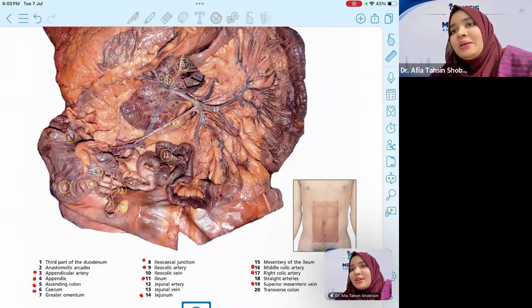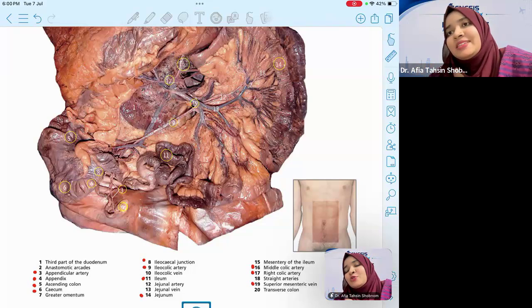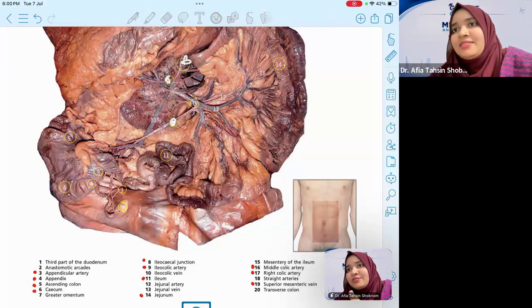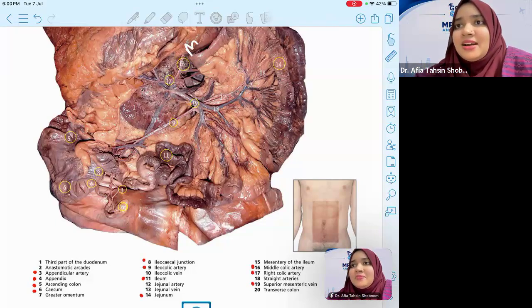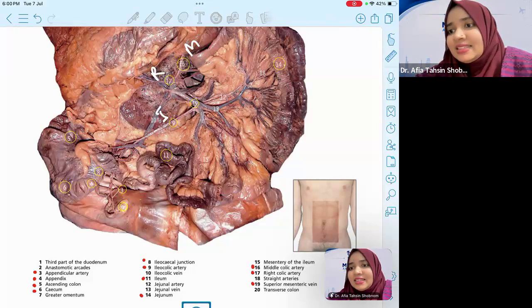Actually, here the number 19 is not important because it is not asked. Here you have to find out 9, 17, and 16, the branches of the superior mesenteric artery. These three branches are most important from here. M, R, I: 16 is the middle colic artery, 17 is the right colic artery, and 9 is the ileocolic artery.